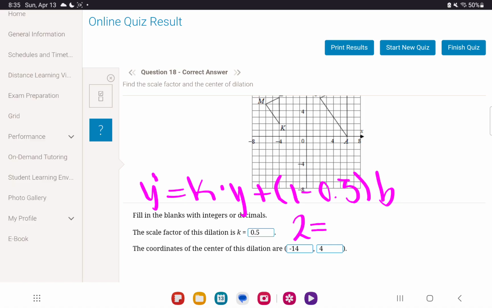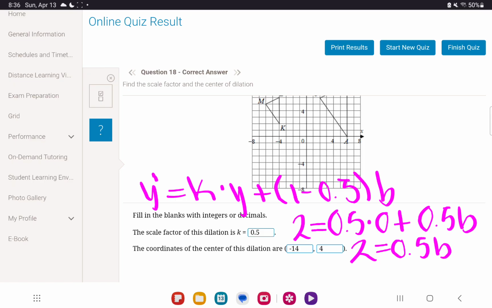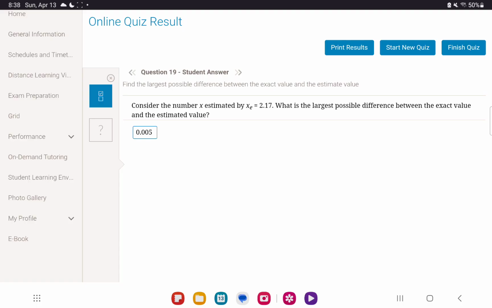So 2 equals k, which is 0.5, times 0. So we just cancel it out, but let's just not do that now. And then plus 0.5b, you get 2 equals 0.5b. 2 divided by 0.5 is 4. So b equals 4. So a and b are minus 14 and 4.